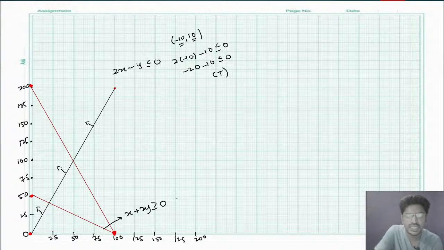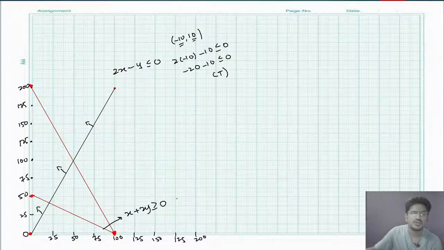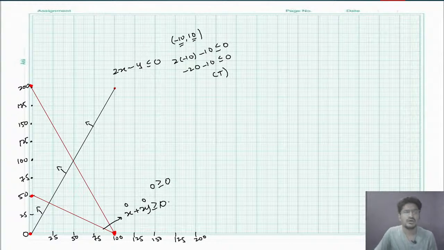So see this point, it is telling x plus 2y greater than or equal to 100. So put 0, 0 here. 0 is greater than or equal to 100. This is going to be false.